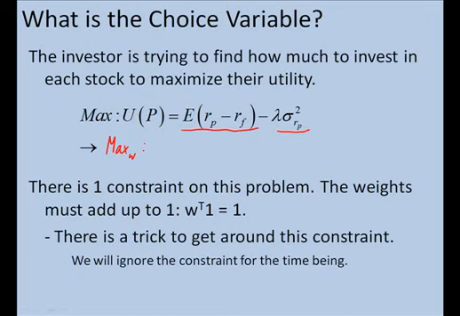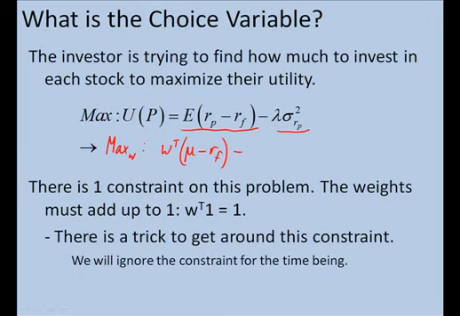This is where our matrix algebra comes in. The expected excess returns on the portfolio can be written as W transpose multiplied by (mu minus RF), where mu is the set of expected returns for all assets and RF is the risk-free rate.